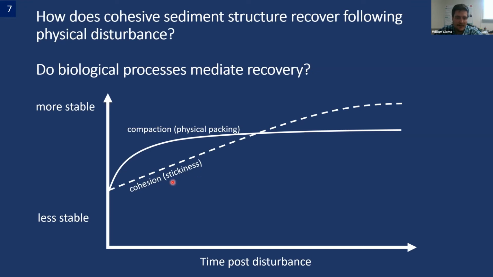And we expected that surface and subsurface cohesion would increase over time more gradually and on similar timescales due to both depending on microbial EPS production in addition to physical consolidation. We were also interested in the timing of this expected lag between compaction and cohesion stabilizing.